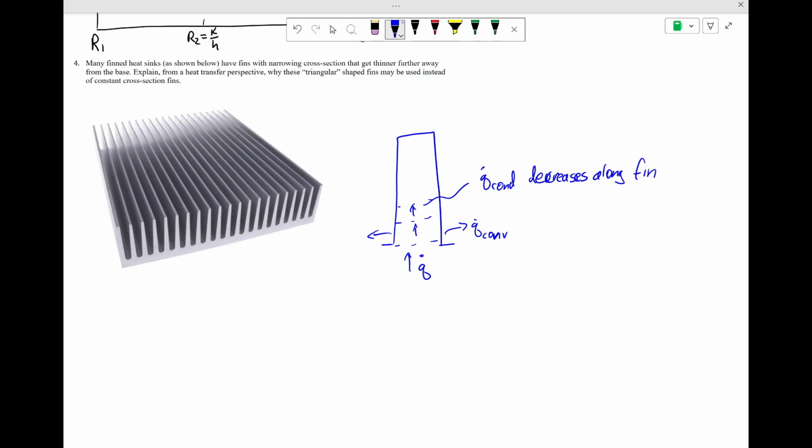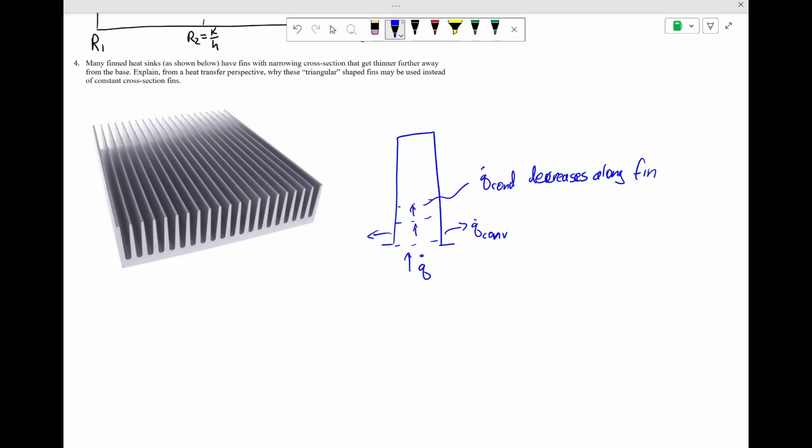So since there's less conduction heat transfer as you move further away from the base, there's less need for that larger cross-section to allow very low resistance conduction heat transfer because there's less heat flux trying to move through each subsequent layer.